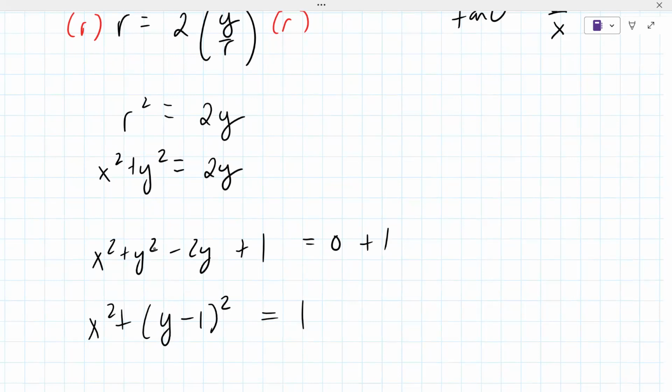And so would you just need to remember to add one? Yeah. So the process is you divide by 2 and then you square it. Okay. Is that okay? Yeah.